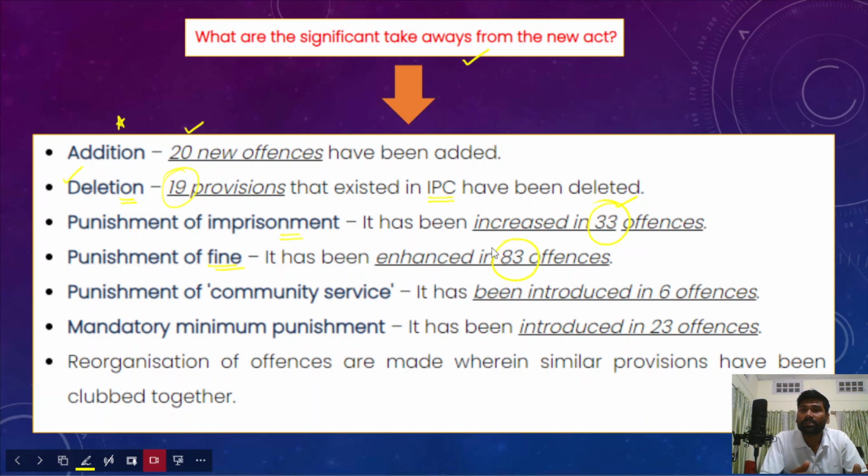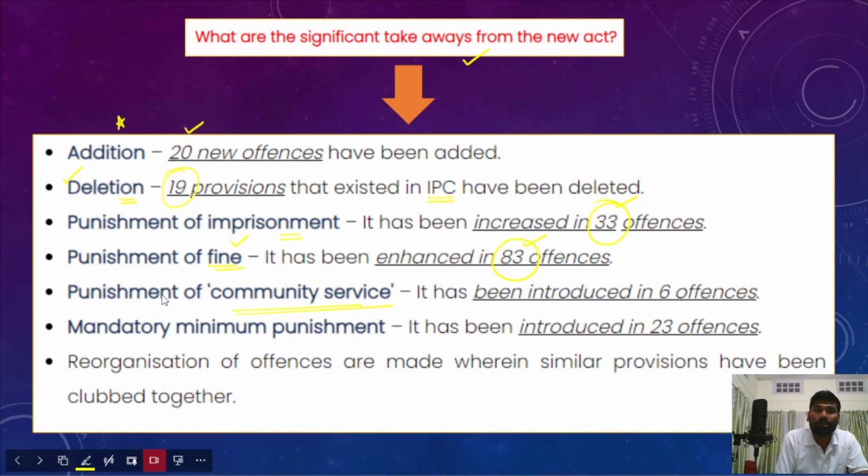The government felt that these fines are not adequate, so for all 83 offenses the fines would be further enhanced, and the punishment of community service was also introduced.